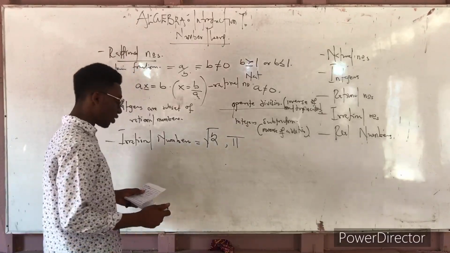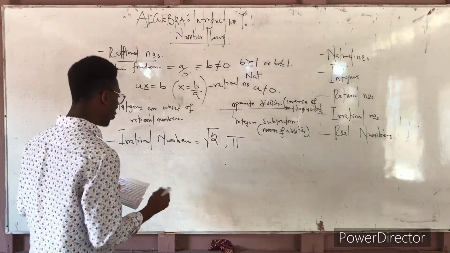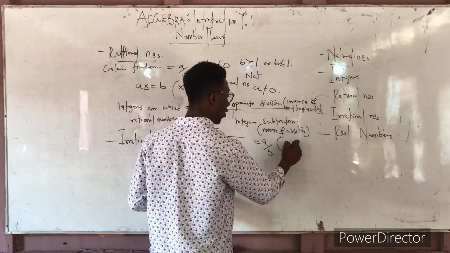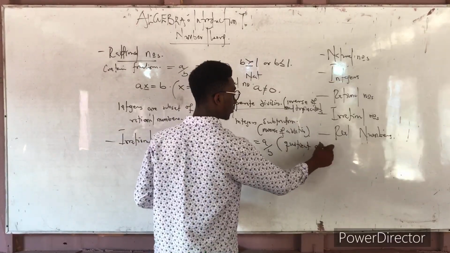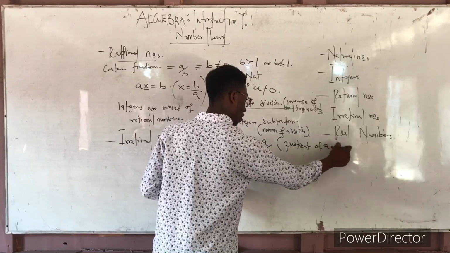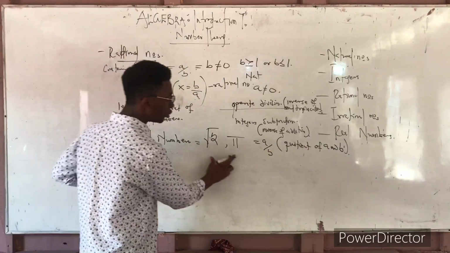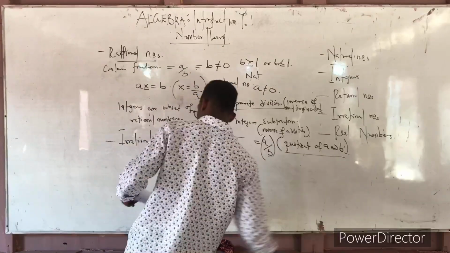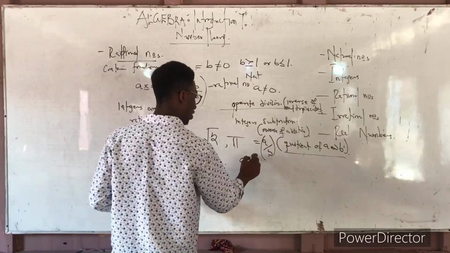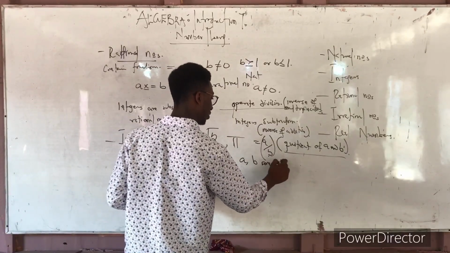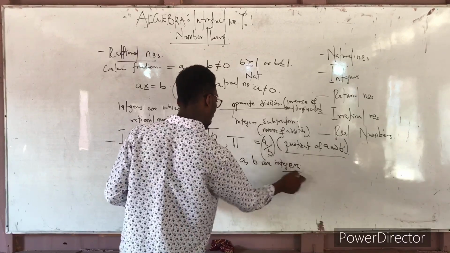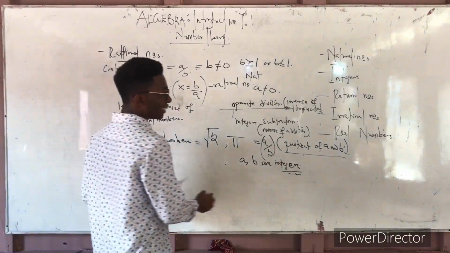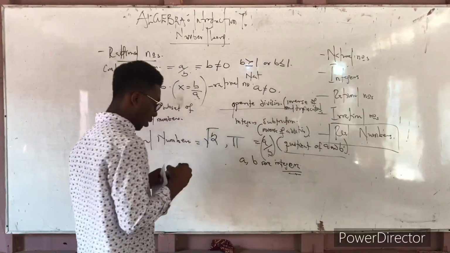They are irrational numbers because they are not rational, and they cannot be expressed in the form A on B, which is called the quotient of A and B, where A and B are what? Are integers.